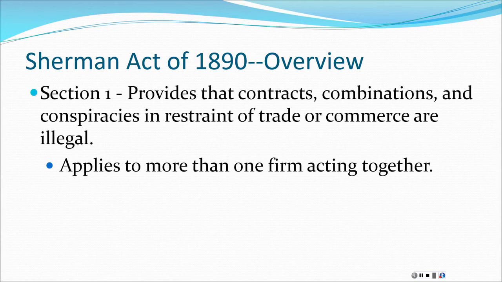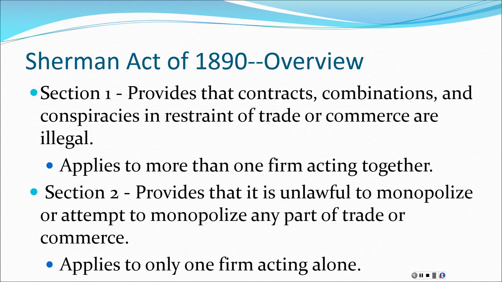Section 1 applies to more than one firm acting together, unless, of course, that firm is schizophrenic and it bargains with itself. Section 2 provides that it's unlawful to monopolize or attempt to monopolize any part of trade or commerce, and it applies to only one firm acting alone, hence monopoly.